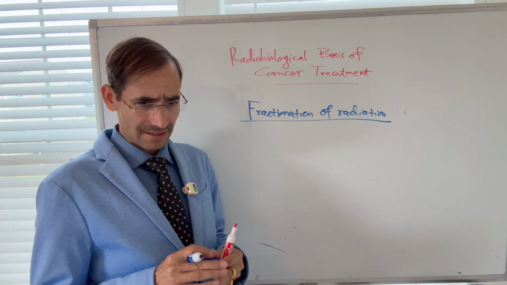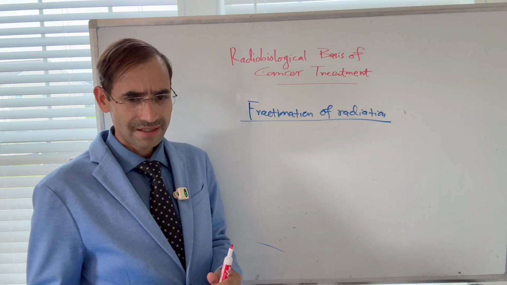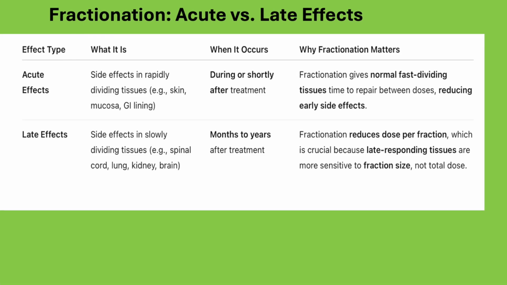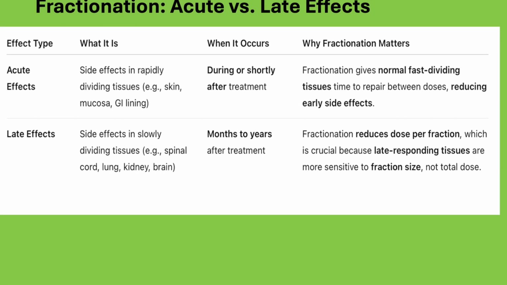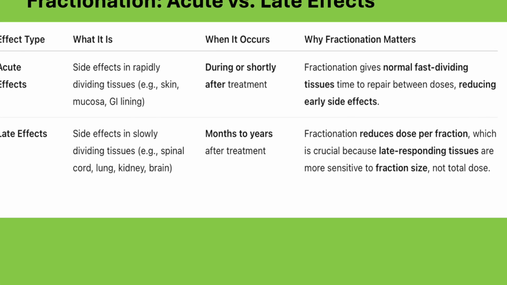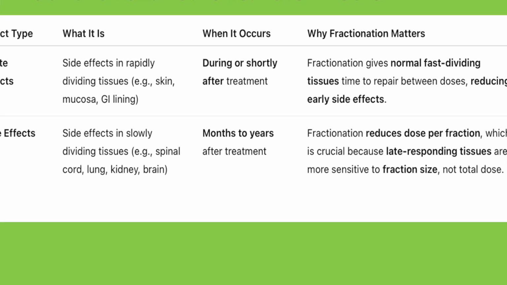The fractionation of the radiation can also be related to the acute versus late effects of radiation. When you use radiation, it has an immediate effect, and it has a long-term effect.